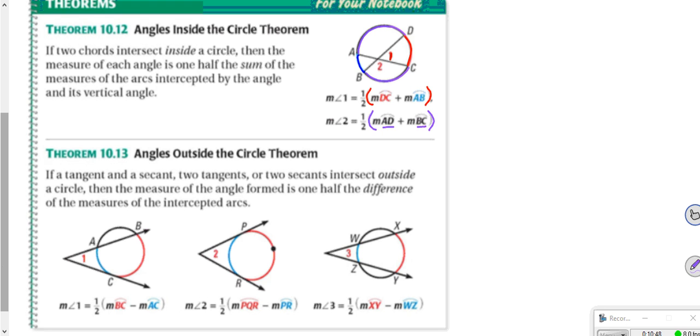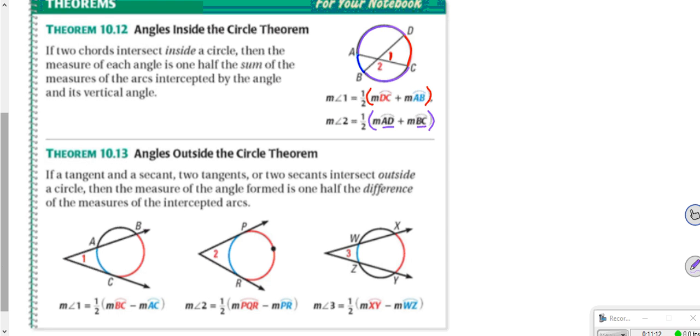Secants go through a circle and touch it in 2 points. So you can either have a secant and a tangent, two tangents, or two secants. Outside a circle, then the measure of the angle formed by those two things is 1/2 the difference of the measures of the intercepted arcs.